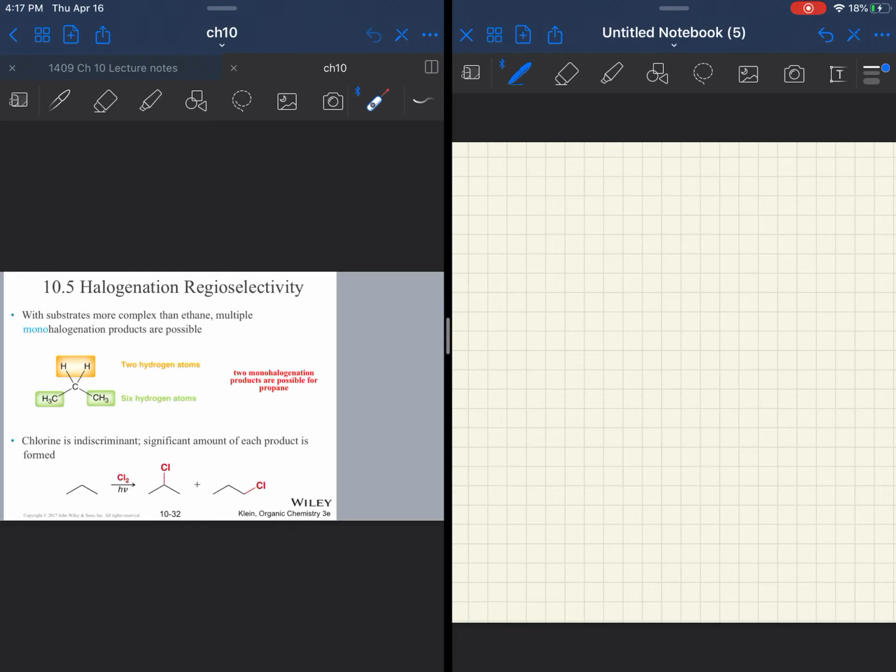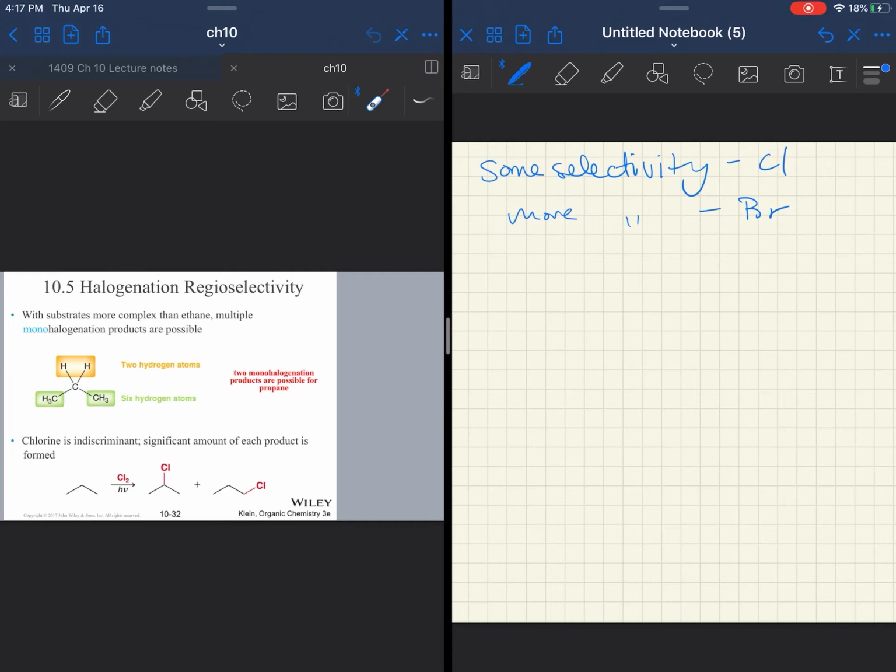Now, you are going to see some selectivity when it comes to chlorination, and you're going to see even more for bromination. Right? And it has to do with the intermediates that form. Now, what we looked at was halogenating methane, so there's only one place for the halogen to go.